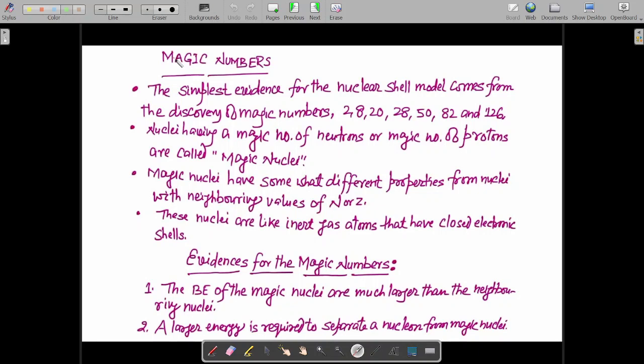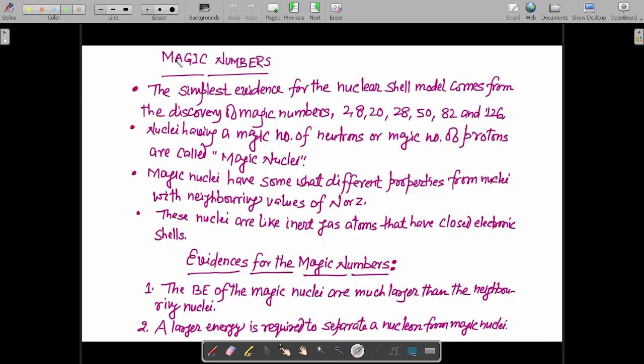But when we talk about the nucleons inside the nucleus, the role which the nucleus played in the atom, that of providing the central force field to the nucleons, is played by the other A-1 nucleons. If we consider any particular nucleon inside the nucleus, the central force field for it to revolve around the center of the nucleus is provided by the nuclear force of the other A-1 nucleons.